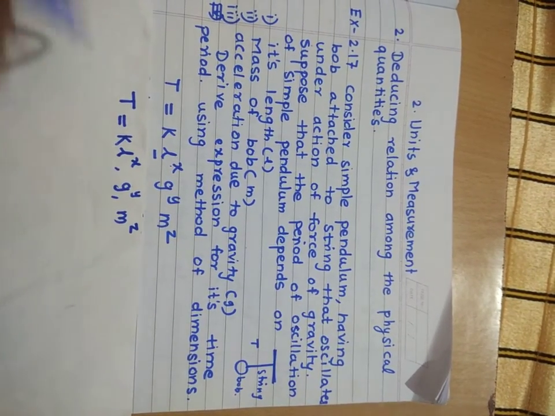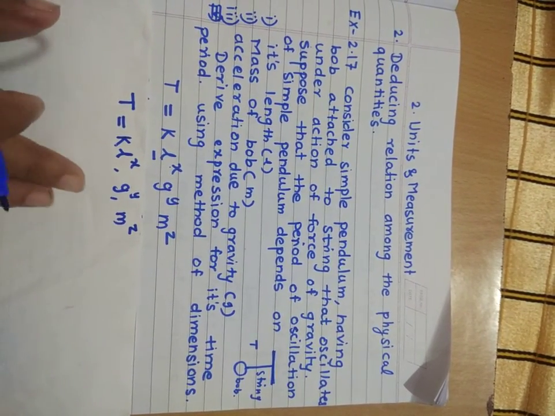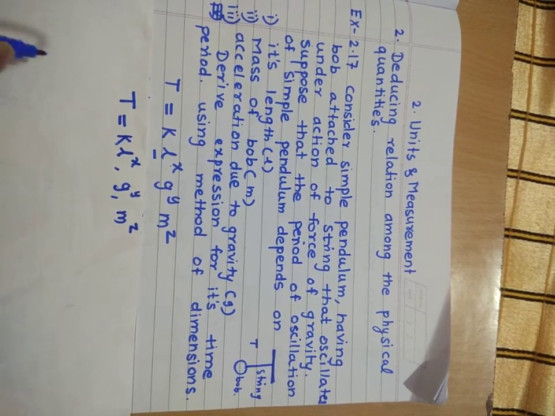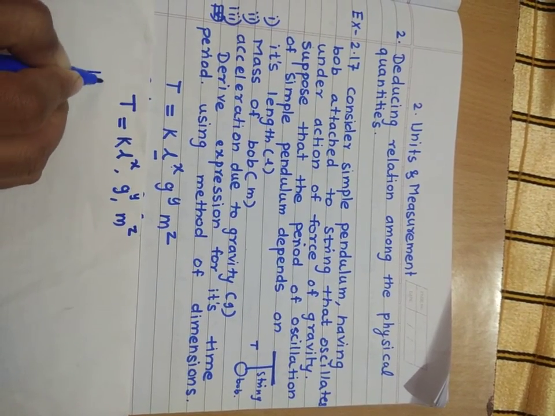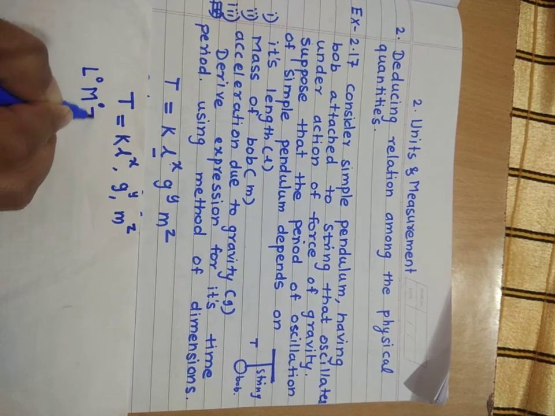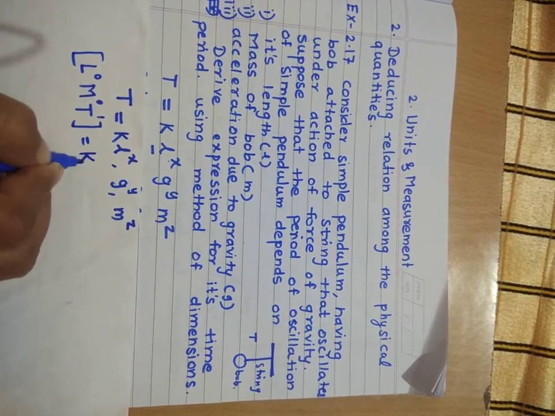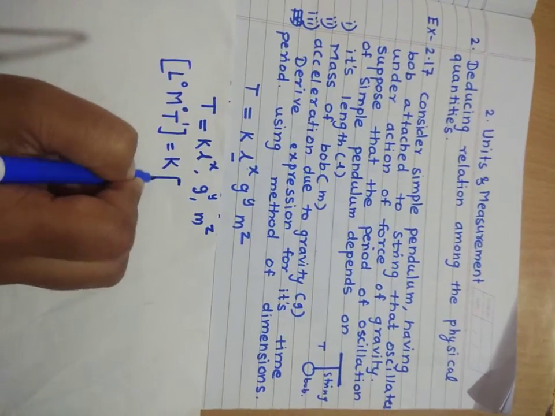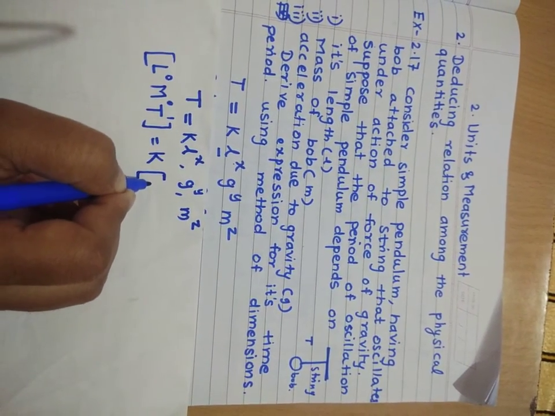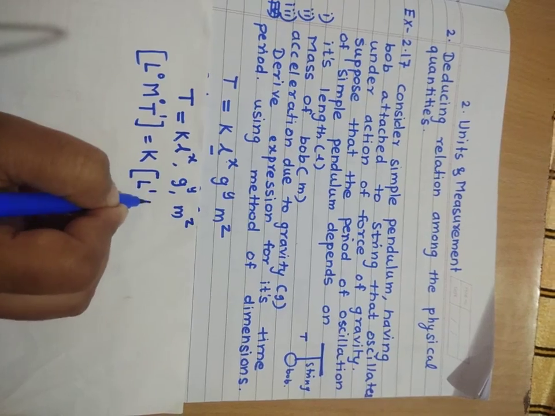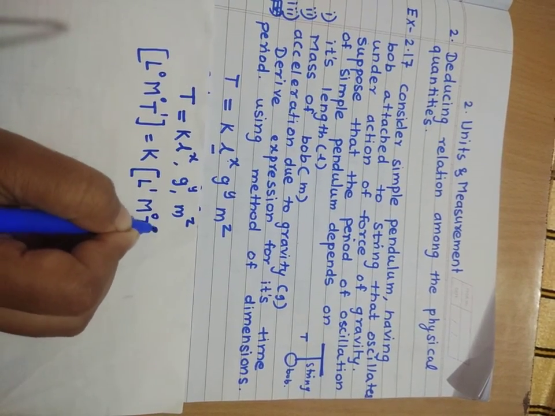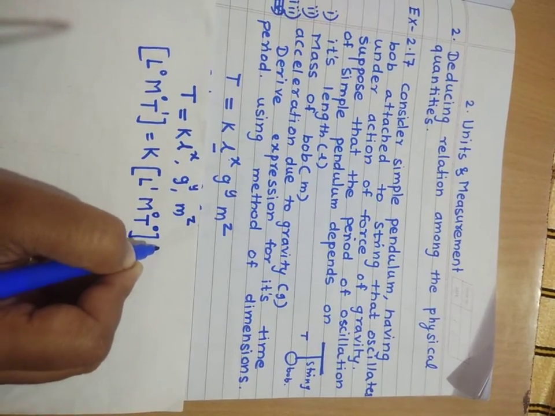Now we have to put in its dimensions. Listen, you already know the dimensions of T. What is this? L raised to 0, M raised to 0, T raised to 1. K is as it is. For length, what are the dimensions? L raised to 1, M raised to 0, T raised to 0, all raised to x.